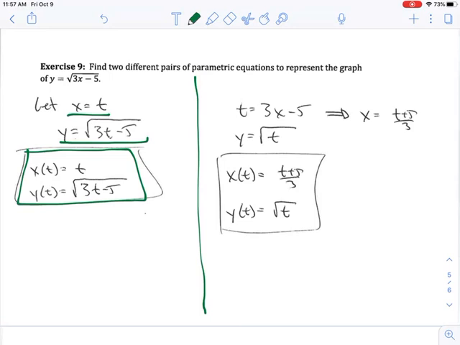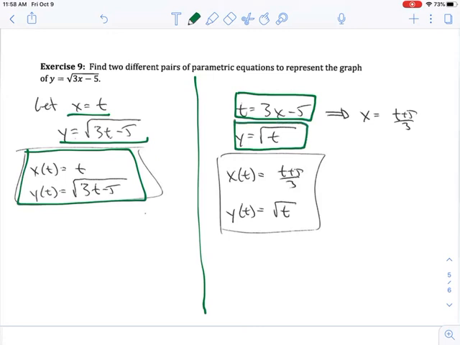But if we want to be a little more creative, I said, all right, I'm going to let t be equal to the entire radicand, everything underneath the radical. So t is 3x minus 5. And so that means that y is equal to the square root of t.